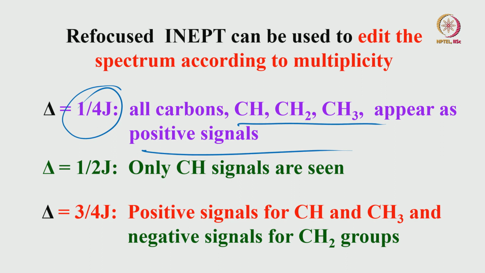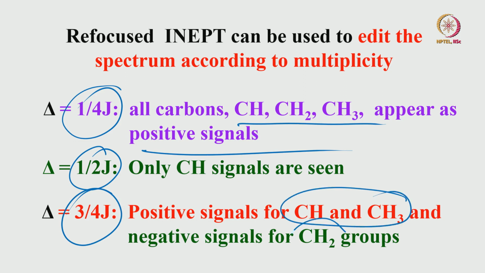At 1/2J, only CH signals are seen, others are not seen. If delta is equal to 3/4J, the interesting thing is CH and CH3 signals are positive and CH2 is negative. Very interesting. At 1/4J, all are positive; at 1/2J, only the CH signal is seen; and at delta equal to 3/4J, we get positive signals for CH and CH3 and negative for CH2.